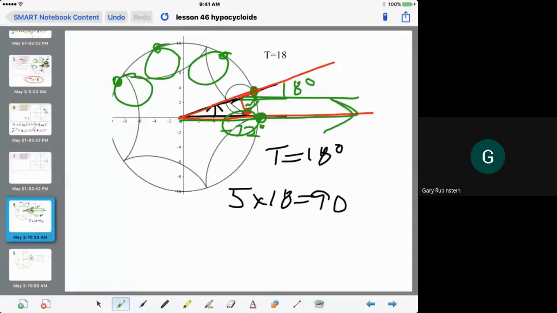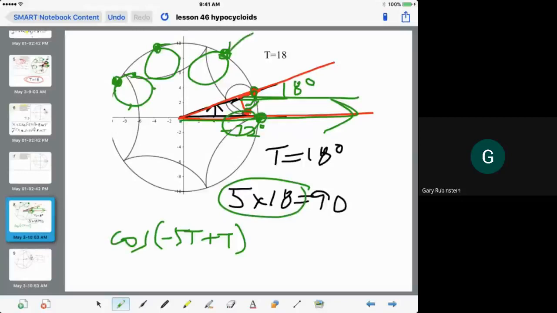So this is always 0 degrees, 90, 180, 270. But when I actually say where it is, when I do cosine of -5t, I need to put the plus t in to account for the fact that this point is moving. So the 5 times 18 is in relation to the green point. But if the green point's moving also, that's where that t comes from.